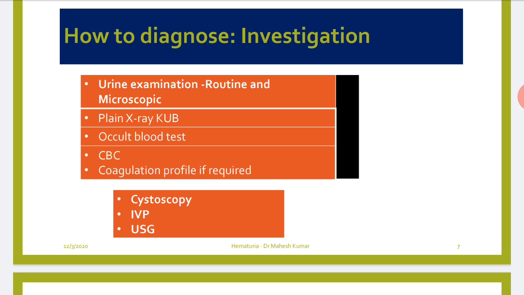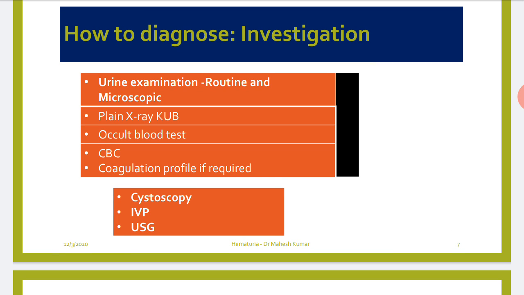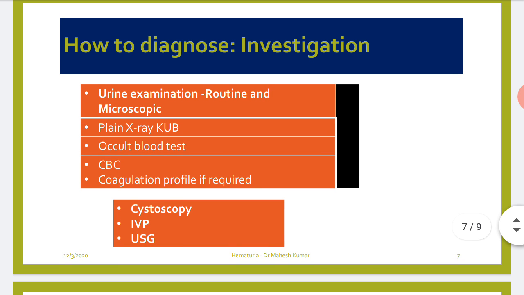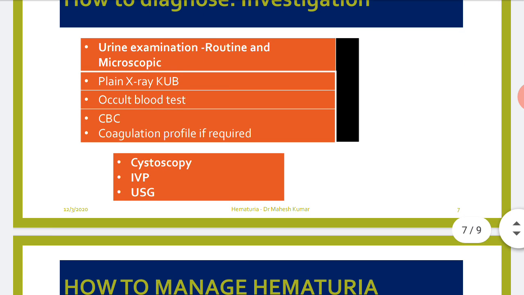Intravenous pyelography is helpful to diagnose the existing causes or conditions of the hematuria. Ultrasonography is the most common investigation done when a patient comes to the OPD with a problem of hematuria. So USG is an important test to diagnose stones, any growth, or any pathological conditions like hydronephrosis or infective phase. This is very helpful in diagnosing a case of hematuria.